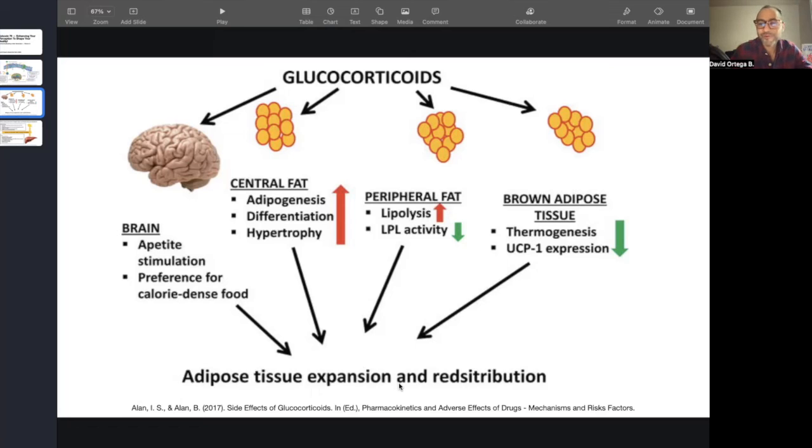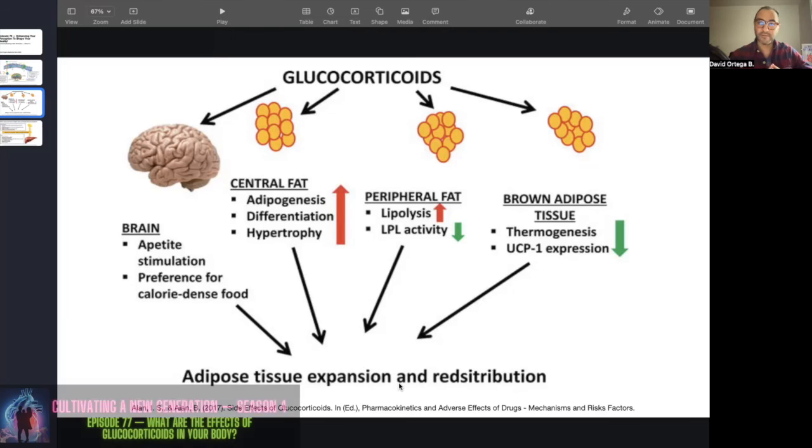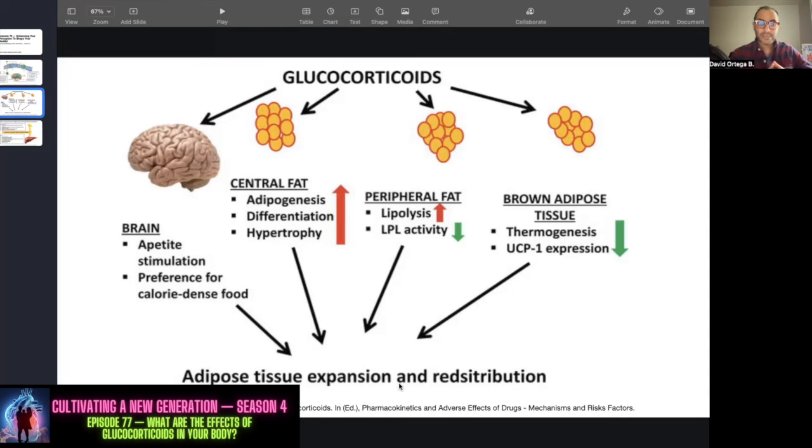So all of those are the effects of these glucocorticoids, just so that you are informed and so that you question your doctor more when they prescribe you this kind of medication, and so that you also read the labels of cosmetics, eye drops, or any kind of drug that you are going to consume.